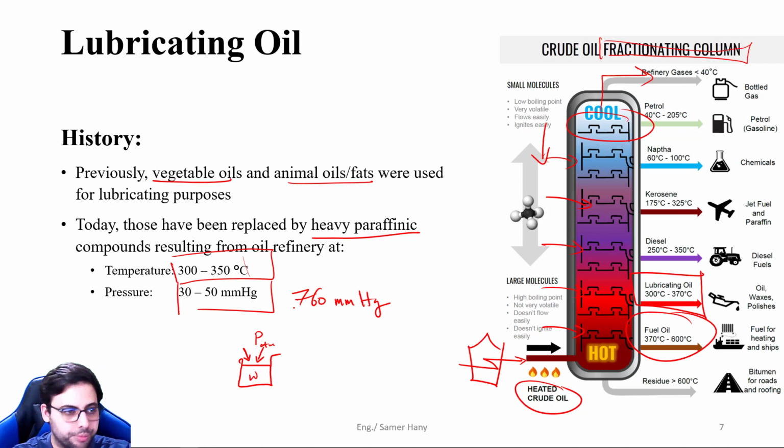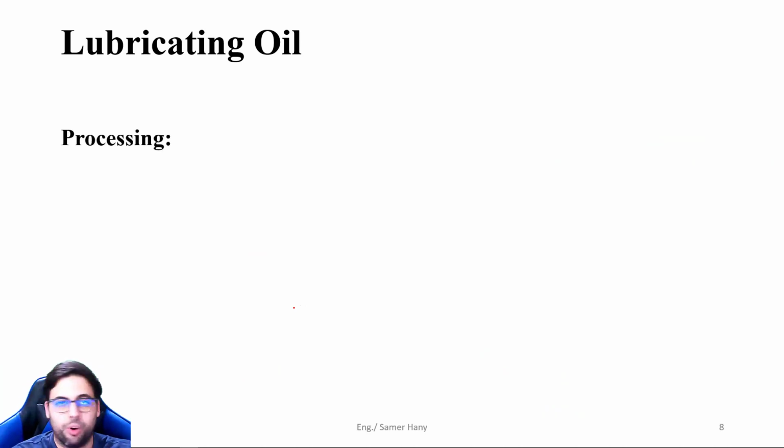All right. So how do we process this oil? After that, of course, we don't take that fraction of lube oil or lubricating oil and just sell it directly on the market. It still has some impurities and some unwanted compounds that we want to remove from that fraction or cut.